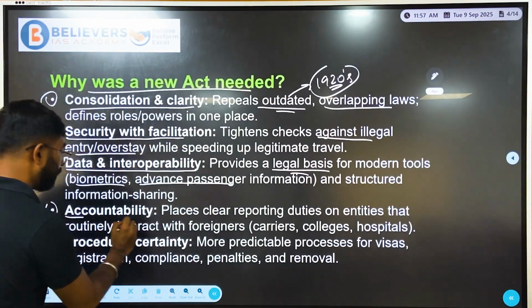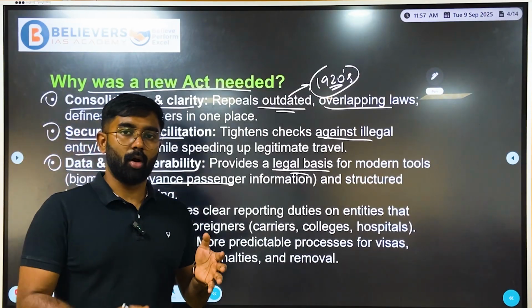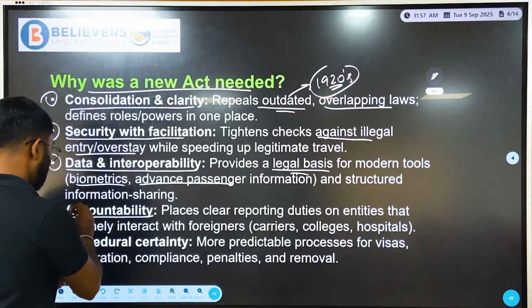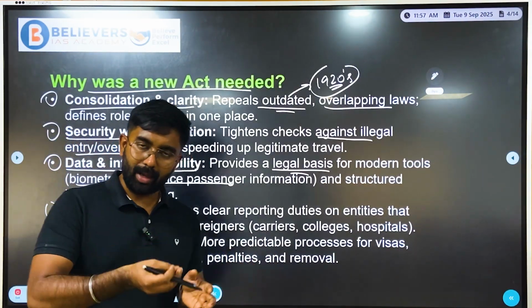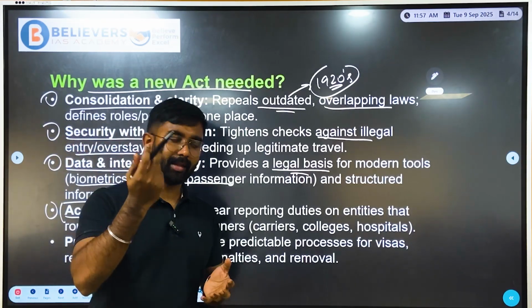And then to bring in more accountability, because when foreigners enter India through immigration, it is not just for the sake of tourism. They come for a lot of varied purposes, be it education or healthcare.